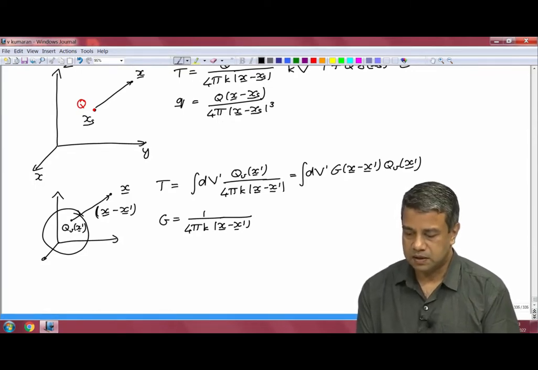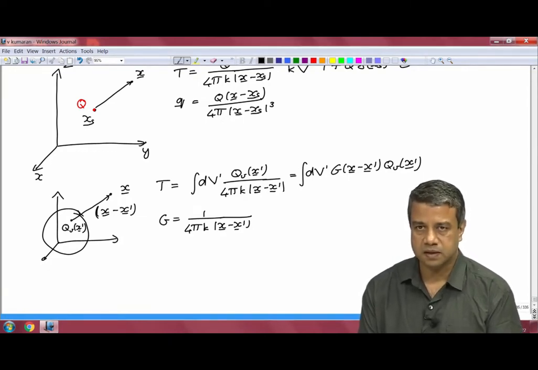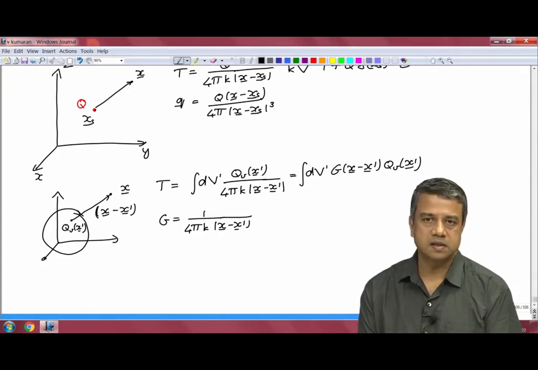I should note here that this is the Green's function in an infinite domain when there are no boundaries, because this solution does not always satisfy boundary conditions on a finite boundary.